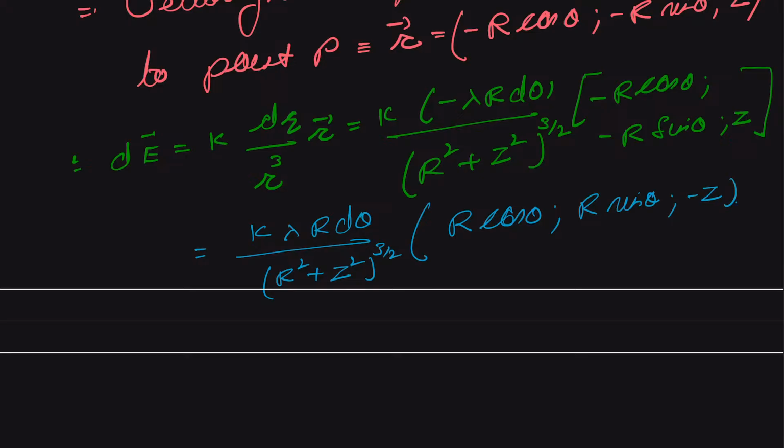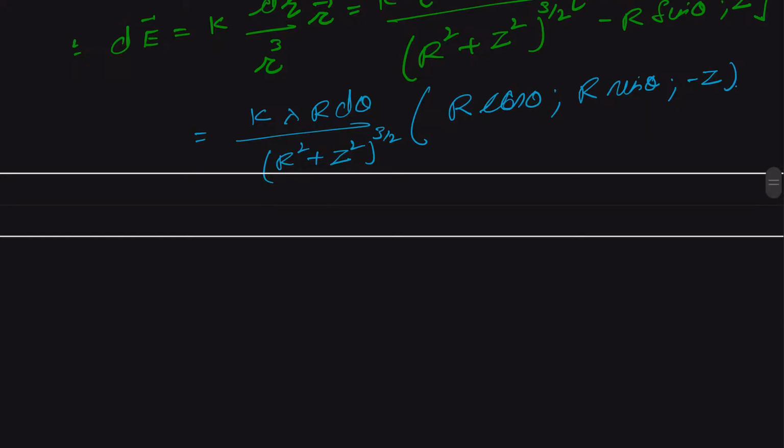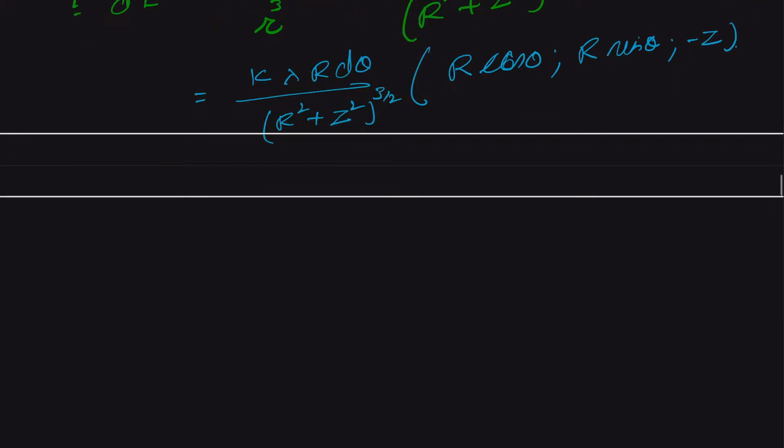Now, because of the symmetry, you can easily see that one of the components is going to cancel out, and only two components will be left. Let us find out which component will be left and which will be balanced out. For that, we can make a little analysis.